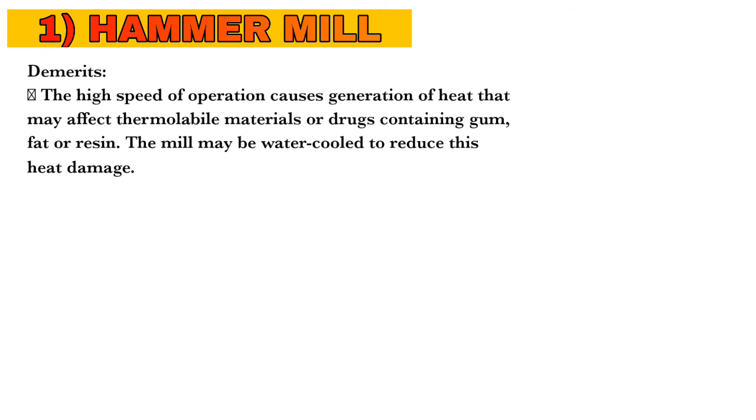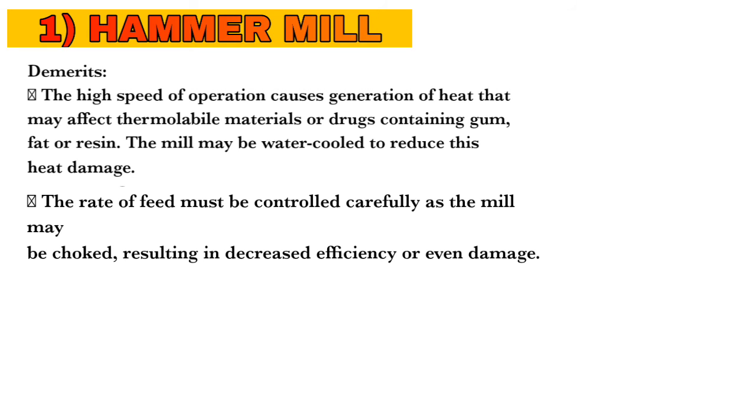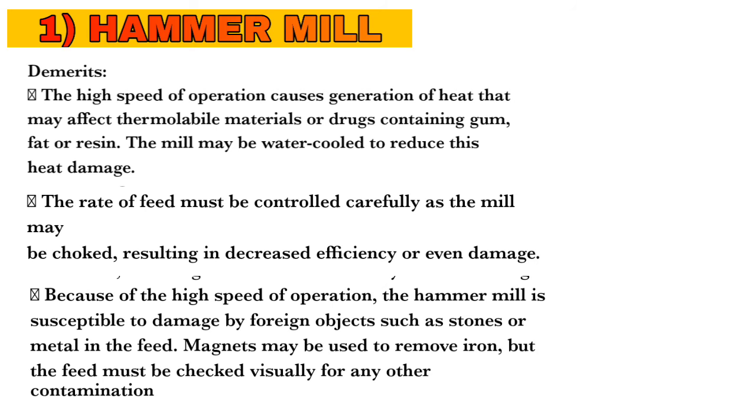Demerits: the high speed of operation causes generation of heat that may affect thermolabile materials or drugs containing gum, fat, or resin. The mill may be water cooled to reduce this heat damage. The rate of feed must be controlled carefully as the mill may be choked, resulting in decreased efficiency or even damage.